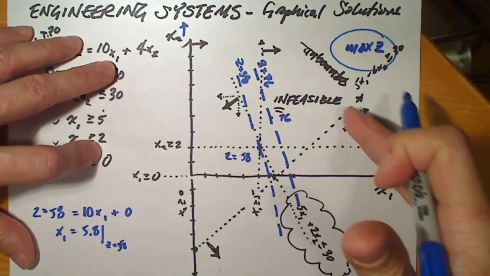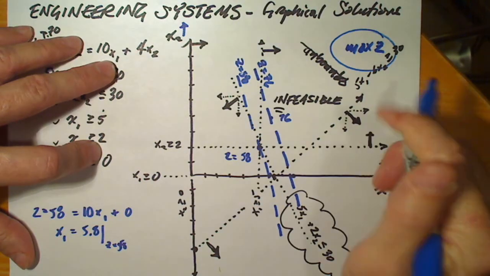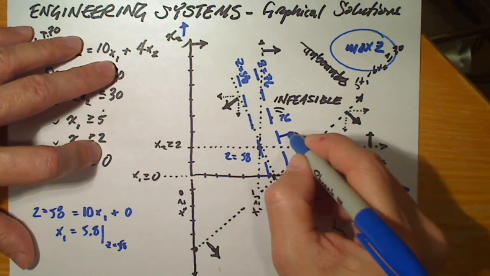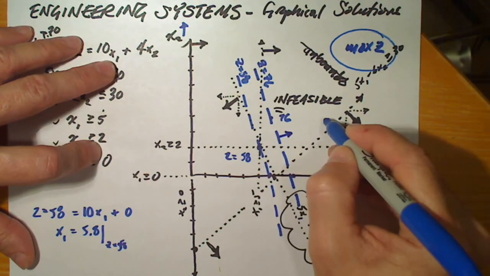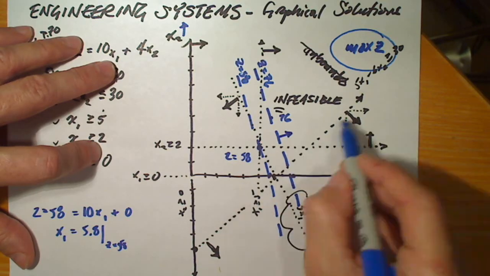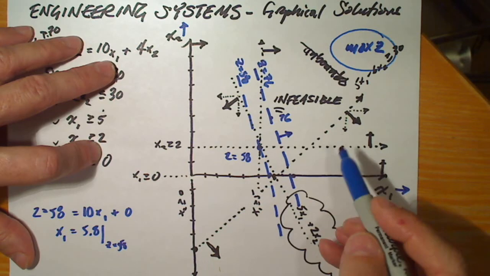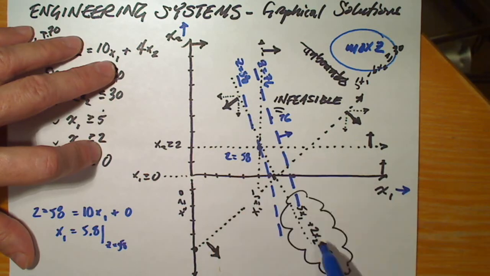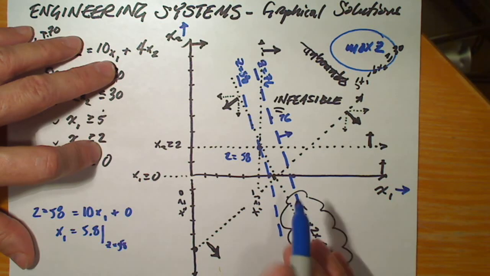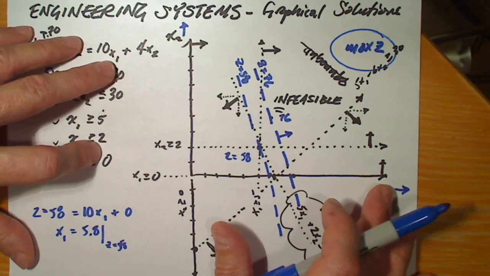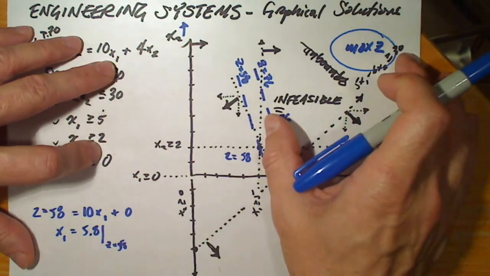We don't have any extreme points that would bound this max z. We're going uphill, that is increasing z as we go up and to the right. The only constraint that we have is this one. The 5x1 plus 2x2 must be less than or equal to 30. And that prevents us from choosing values of x1 and x2 that are too large.